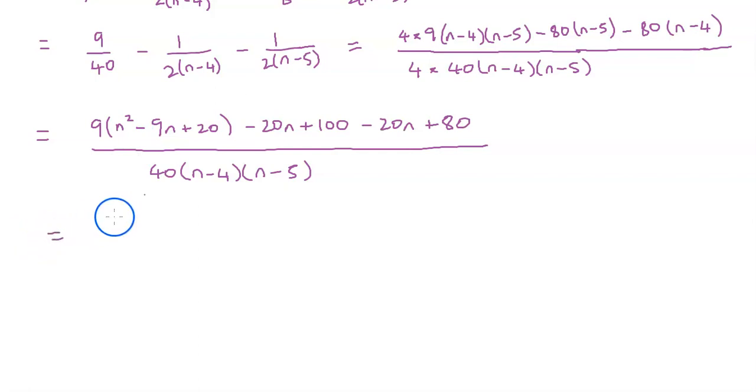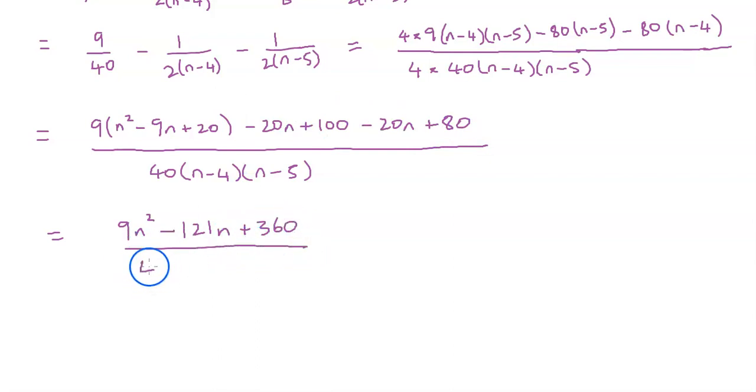And then expanding everything out on top and combining like terms, we get 9n squared, and then it's minus 81n minus 20n minus 20n. So that would be minus 121n. Then we have 9 times 20 is 180, plus 80, so that would be 260 plus 100, so plus 360.